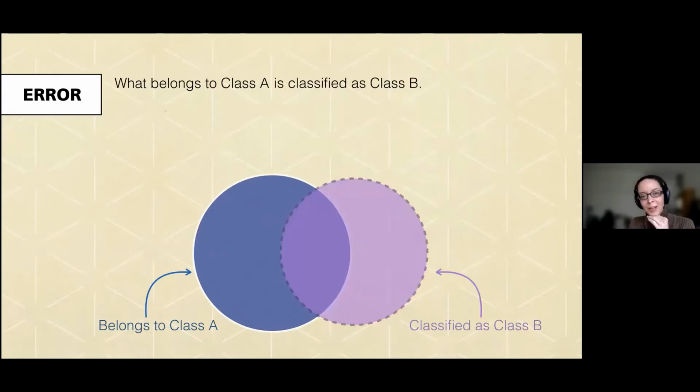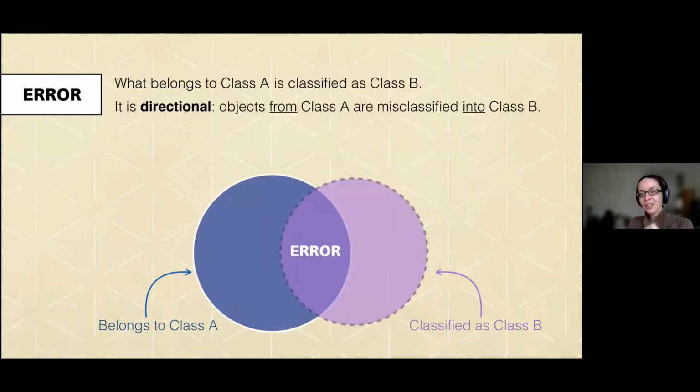And there would be some of those people that will be classified into the wrong class, let's say class B. And those are errors. So far, it's quite simple, but bear with me. These errors are directional. It's an object from a true class, an original class, that is misclassified into another class. So an error that is an element from class A classified as class B is not the same as an error that is from class B and classified as class A.